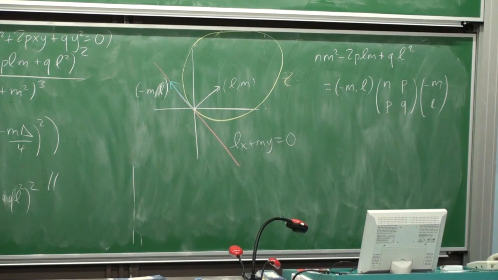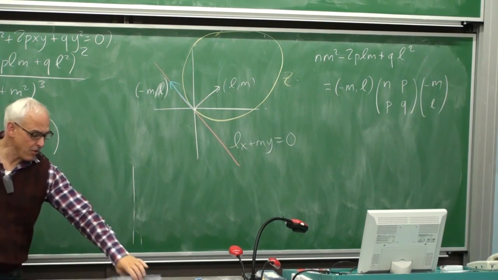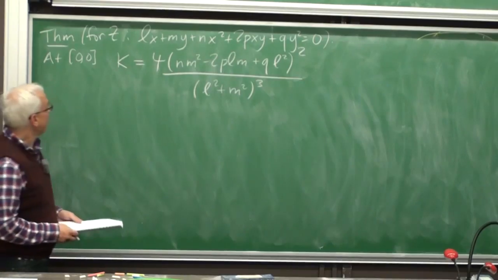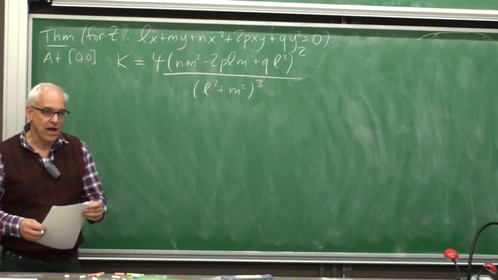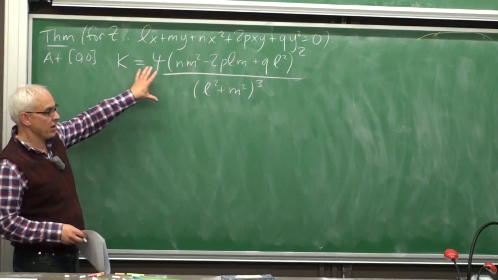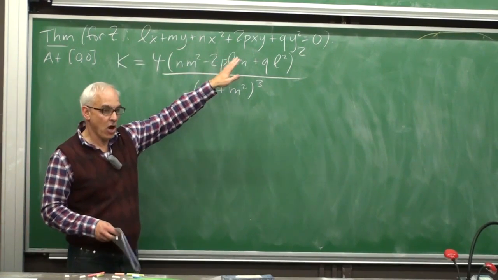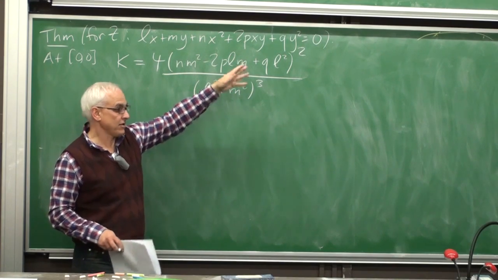All right, so we are now in a happy position because this is a general conic. And so we can now find curvatures. We can explicitly compute curvatures for general algebraic curves. All right, so now we have this lovely formula for the curvature of a general conic at the origin.